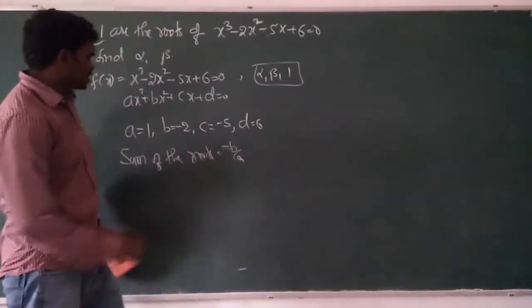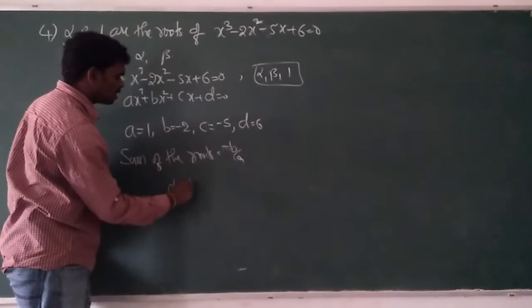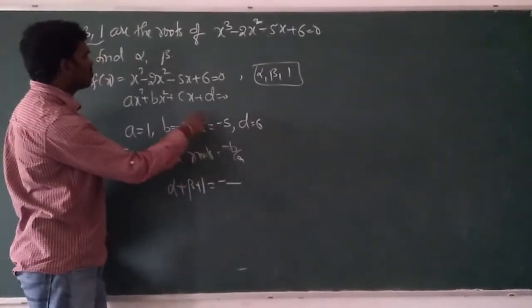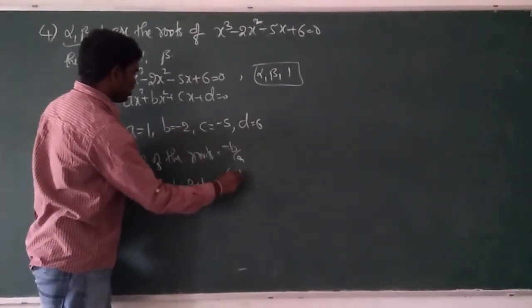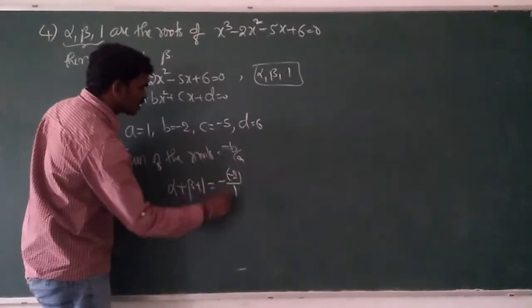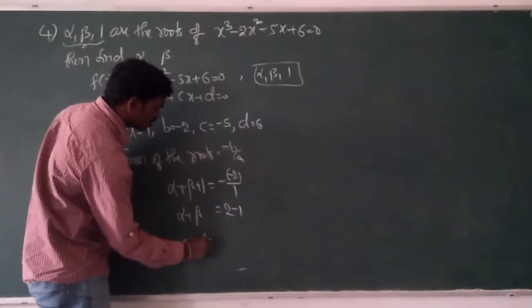The roots are alpha, beta, 1, so the sum is alpha plus beta plus 1, which is minus b by a. B is minus 2, a is 1, so minus of minus 2 is plus 2. So alpha plus beta is 2 minus 1, so alpha plus beta is equal to 1.